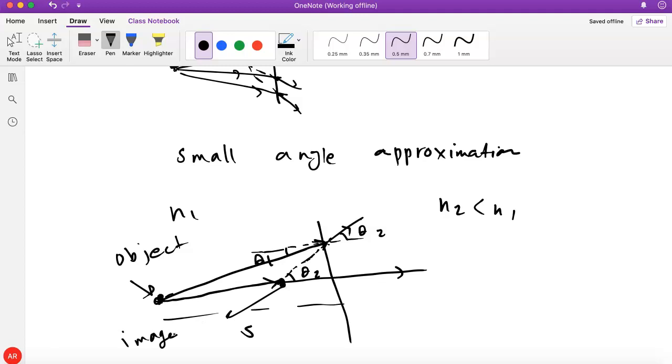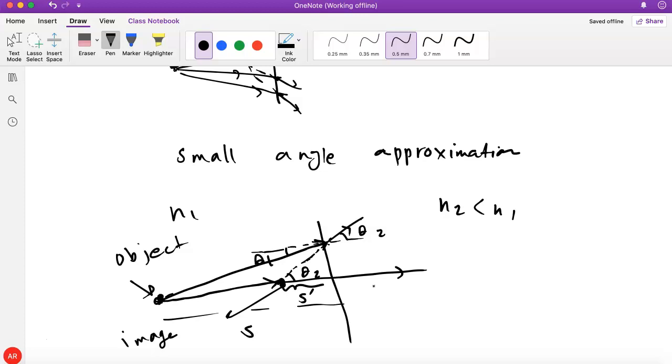We haven't checked that it's independent of the ray, we're just considering two rays. What we're going to see is that if theta is small, the position is going to be independent of the angle of which ray we consider, and in that limit we can approximate the image of a point object to be a point. So let's say this distance here to the image is S prime.